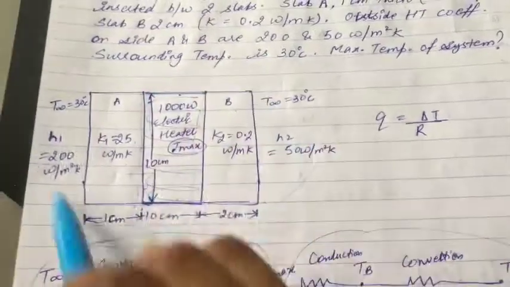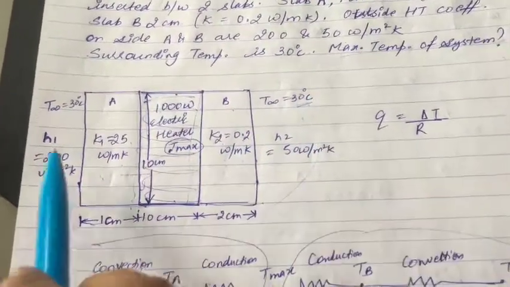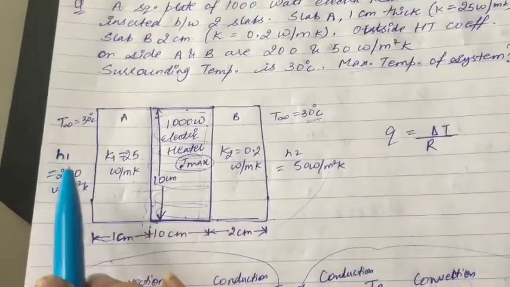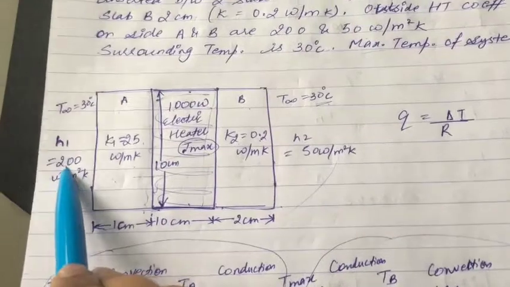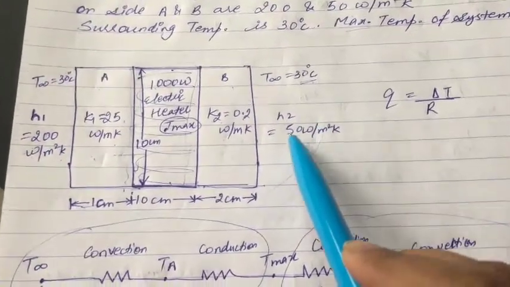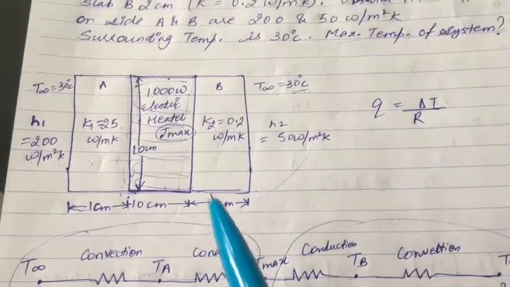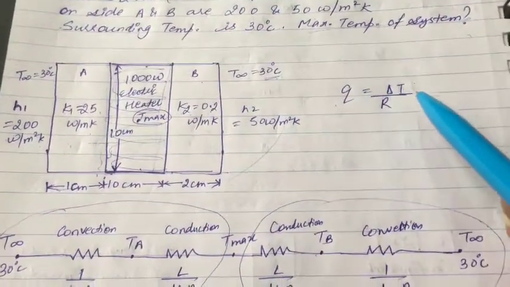The surrounding temperature outside the slabs is 30 degrees Celsius, and H1, the heat transfer coefficient at side A, is given as 200 watt per meter square Kelvin, and at side 2 it is 50 watt per meter square Kelvin. So we know that Q is equal to delta T by R.